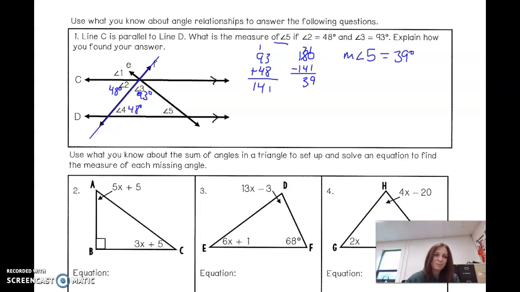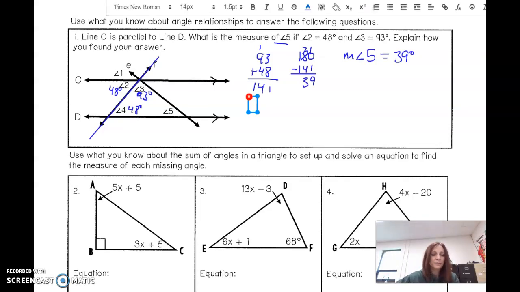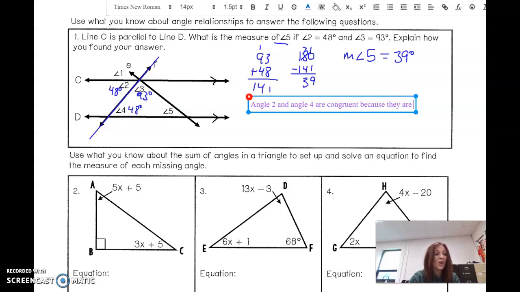Okay, now it says explain. We can do that. Let's do this. Angle 2 and angle 4, you can use the angle signs I'm typing, are congruent because they are alternate interior angles.